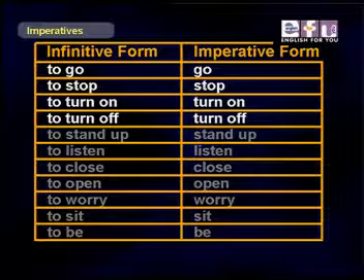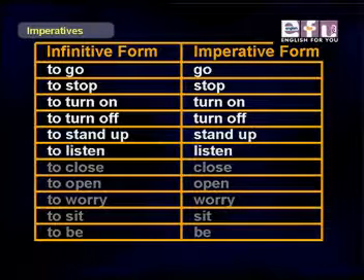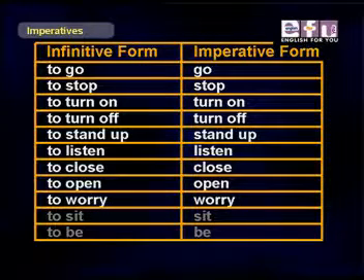To turn off is turn off. To stand up, stand up. To listen, listen. To close, close. To open, open. To worry, worry. To sit, sit. To be is be.